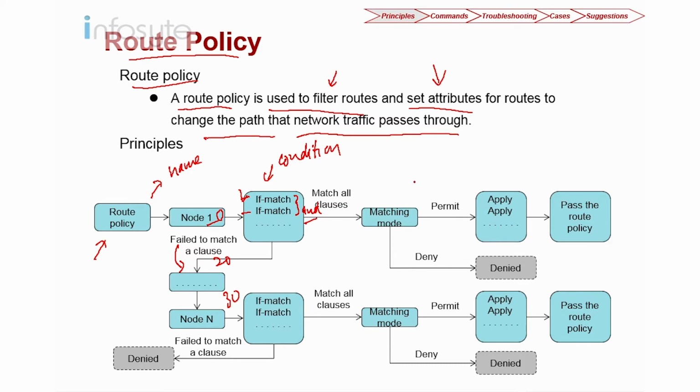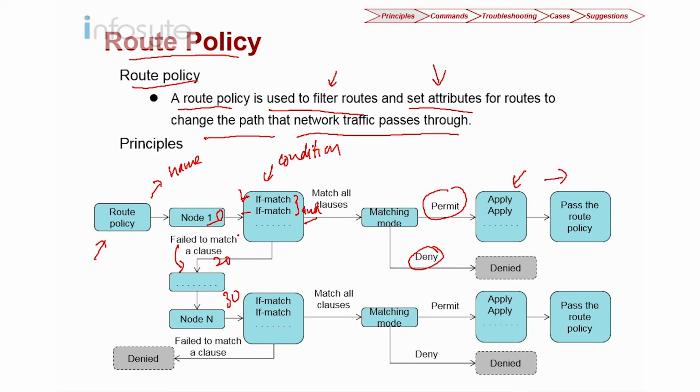Now if it's matched, then you have an action. The action can be a permit action or a deny action. If it's a permit action, then I'm going to apply the action. It can be applying local preference, it can be applying cost, it can be applying next hop. You have a lot of actions here, and then the route passes the route policy.